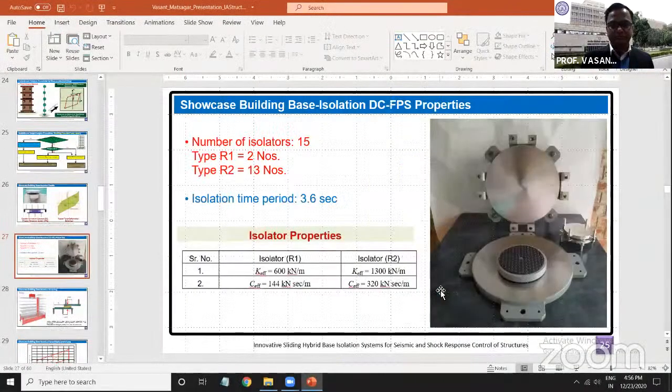Yes, I am familiar with that, and we have done some work at IIT Delhi. But maybe if I may request Professor Jangir to respond, because one PhD research scholar who graduated with him used the shape memory alloy for increasing the restoring capability. Professor Jangir, if you would like to respond to this question, please.